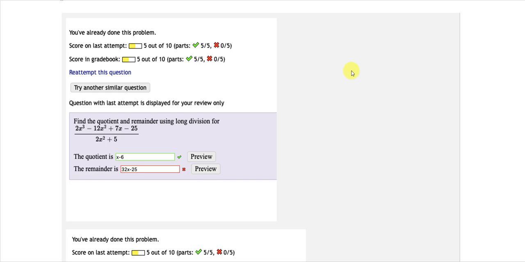The numerator I write on the right side, 2x to the third power subtract 12x squared plus 7x minus 25. So divide that to 2x squared plus 5.